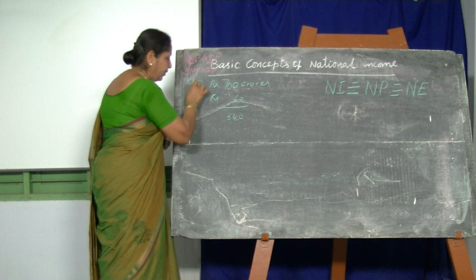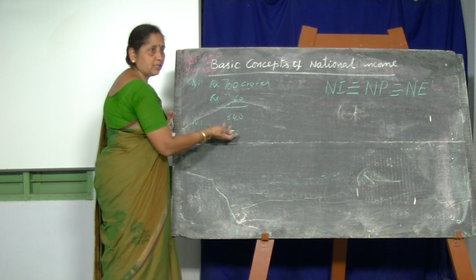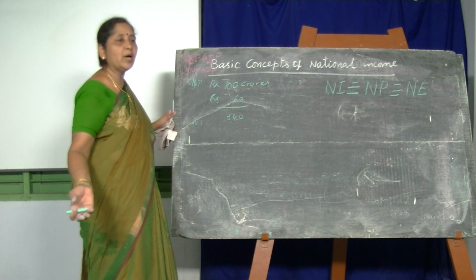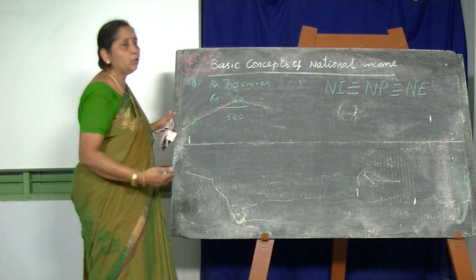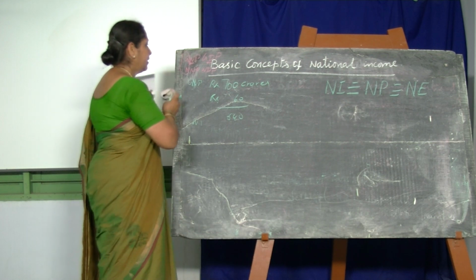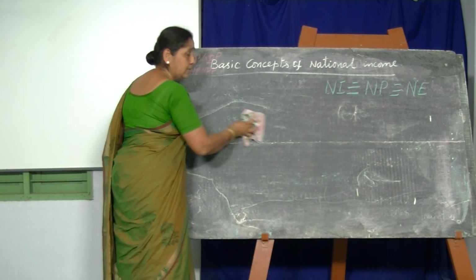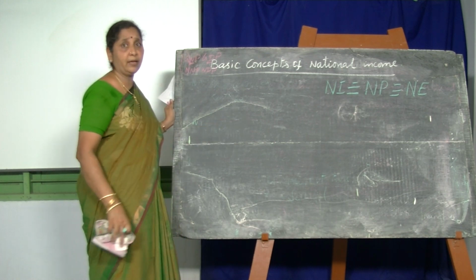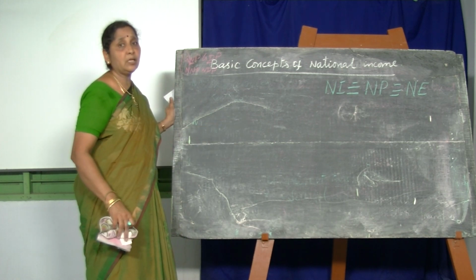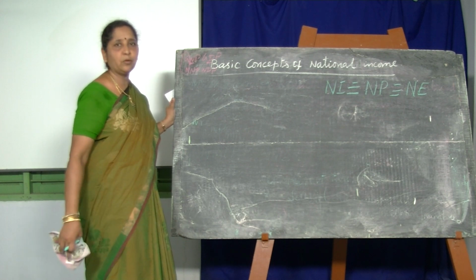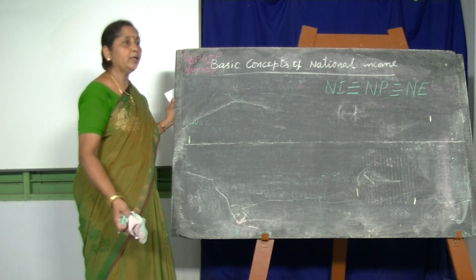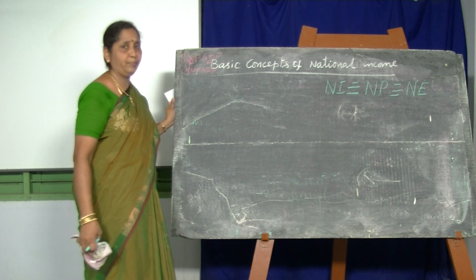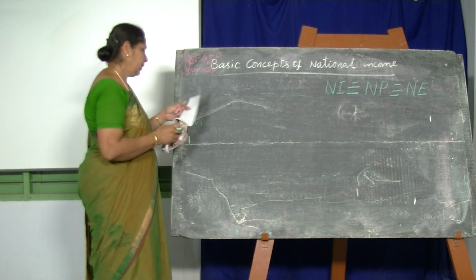If it is GNP, it will be NNP. That's it. Okay, the same way you yourself can practice by giving numerical examples, and you can understand very well, because national income doesn't stop with the theoretical part of it. It includes national income accounting, so the numerical aspect also comes there, and you can apply your own examples for a better understanding.